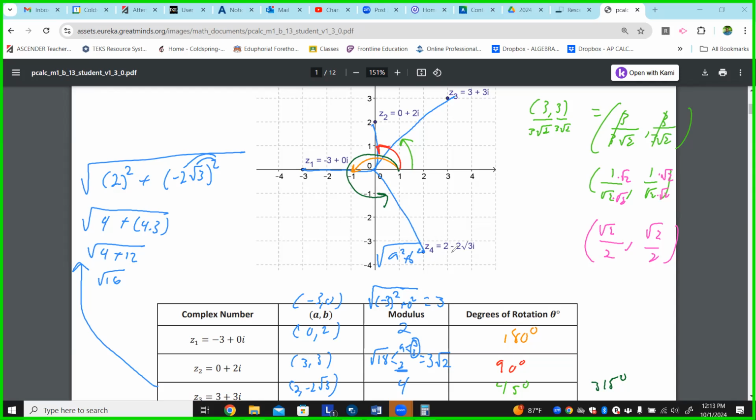But let's do the same math. I'm actually going to pull up another page because I'm running out of room here. What was that coordinate for Z4?